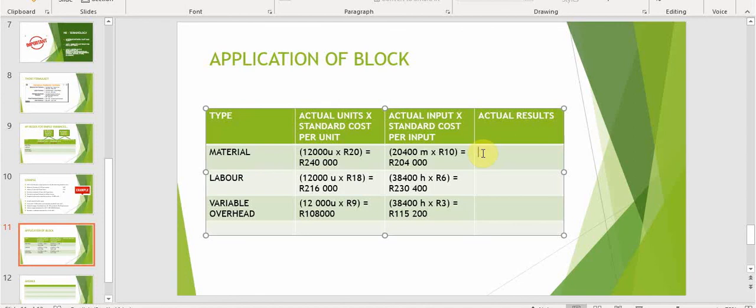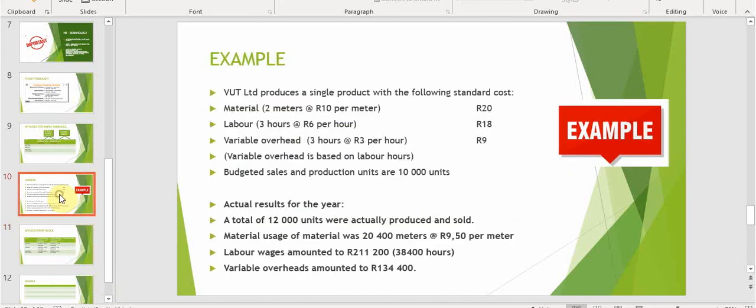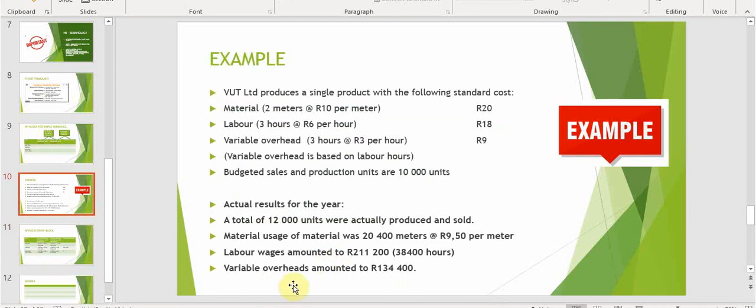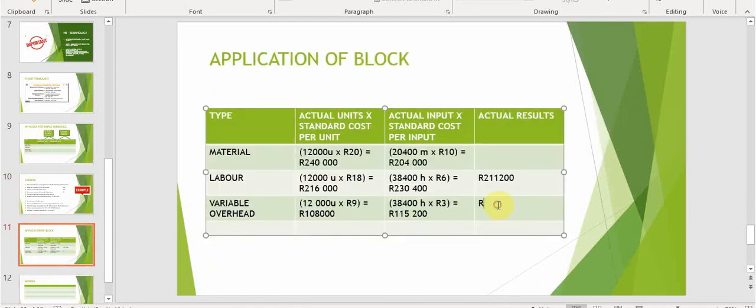The only block that is now still left to do is the actual results, and that's normally quite easy because for the labor it was 211,200, so I can just go and type it in. For the variable overhead, it was also given very straightforwardly, so that is 134,400. And then we only need to calculate the actual results of the material.